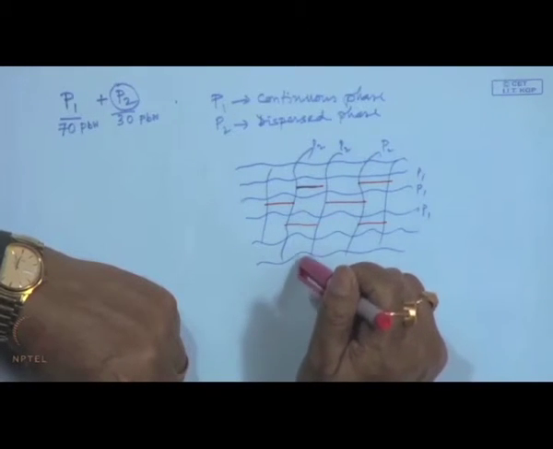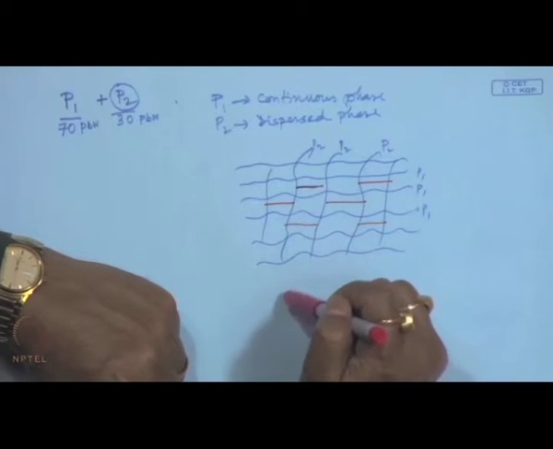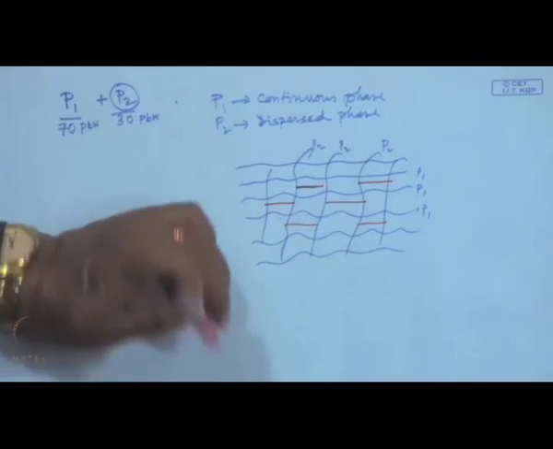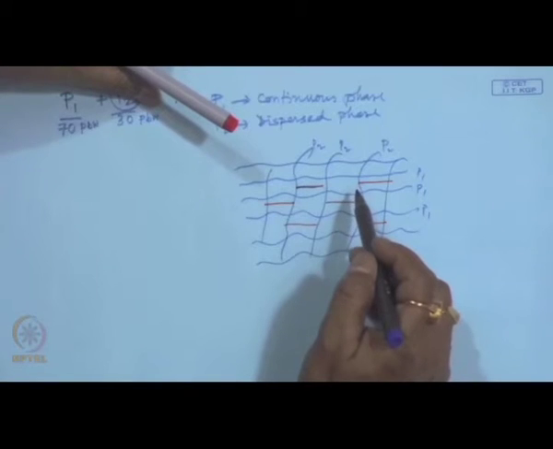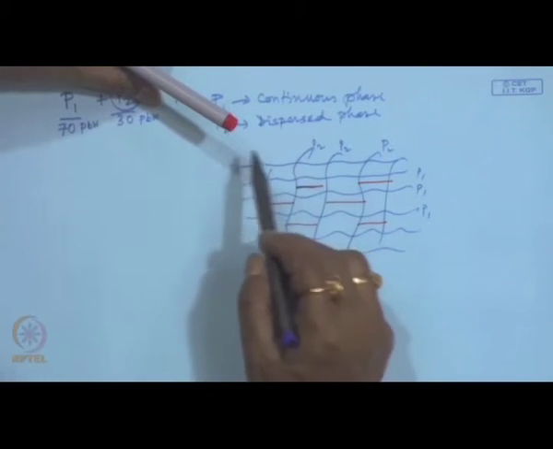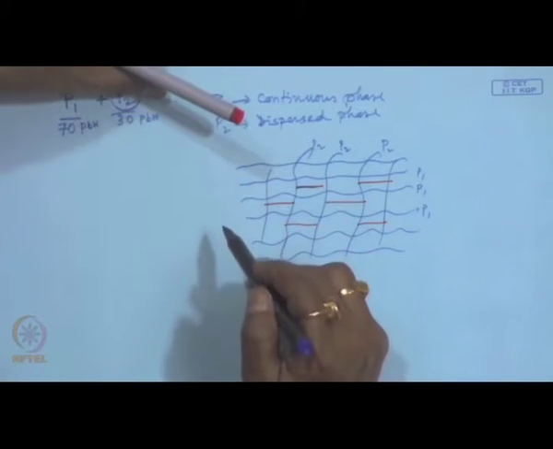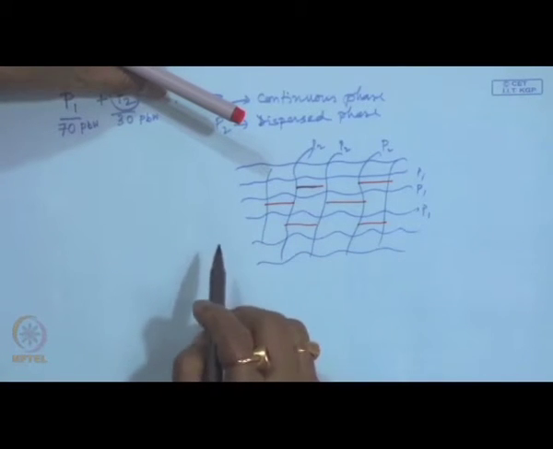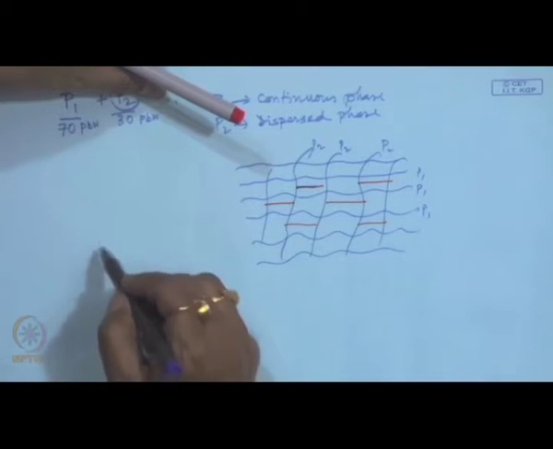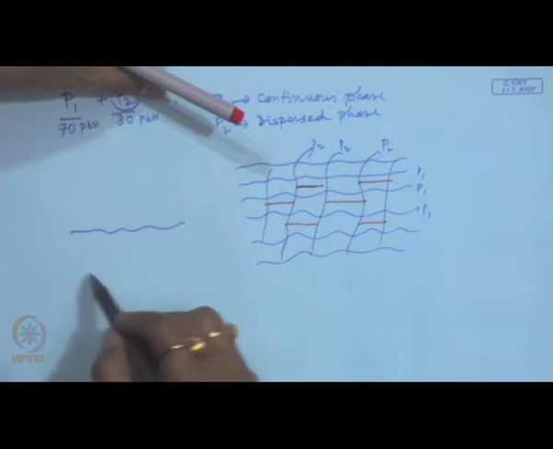Then forming an interpenetrating network. The formation of an interpenetrating network is an extension or modification of the cross linking of the dispersed phase in the P1 continuous phase. This interpenetrating network, IPN, I will discuss later.